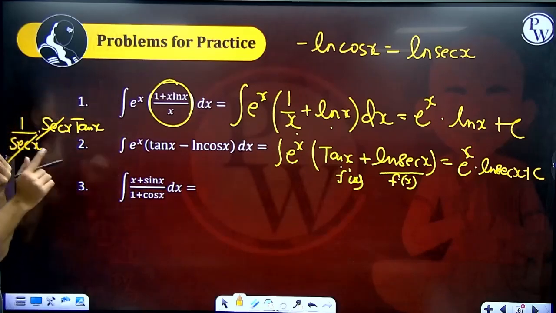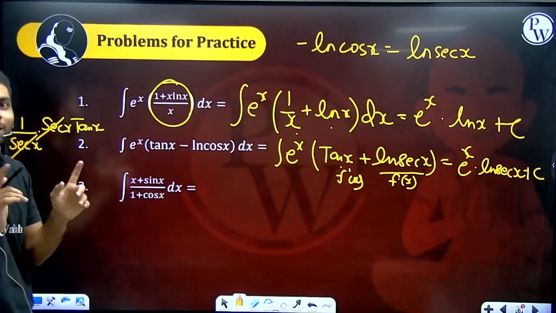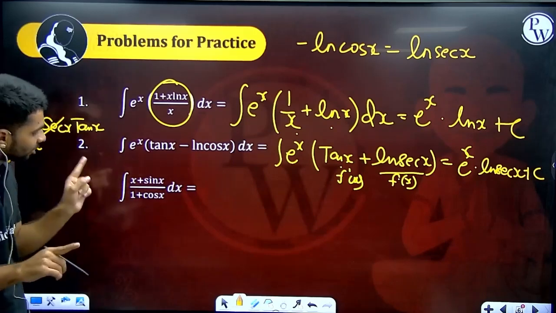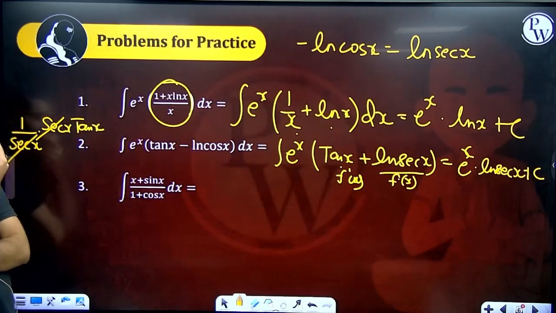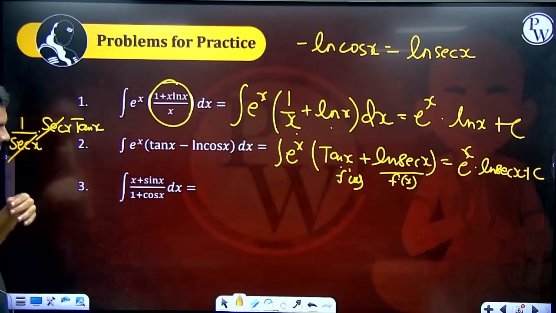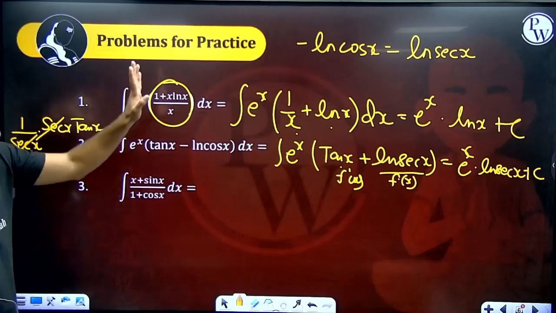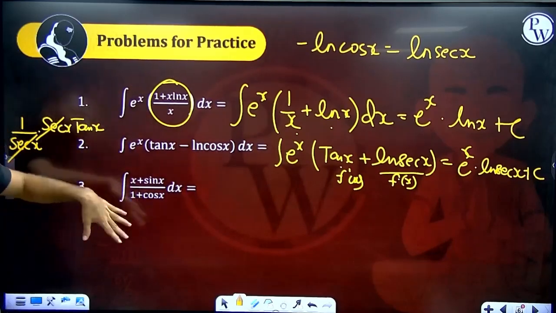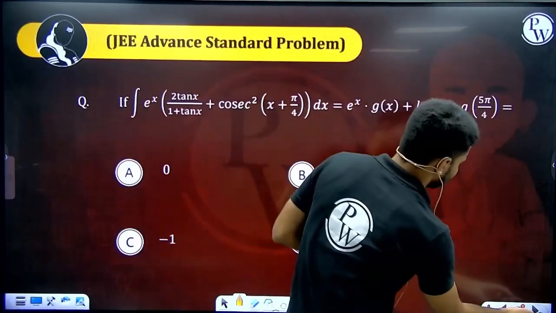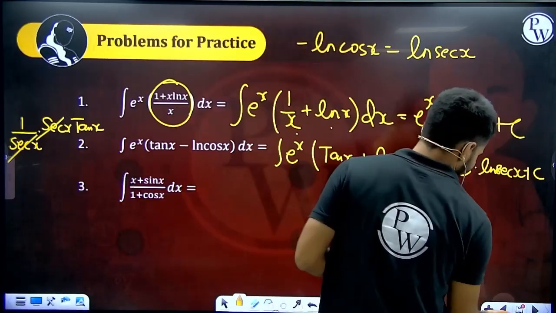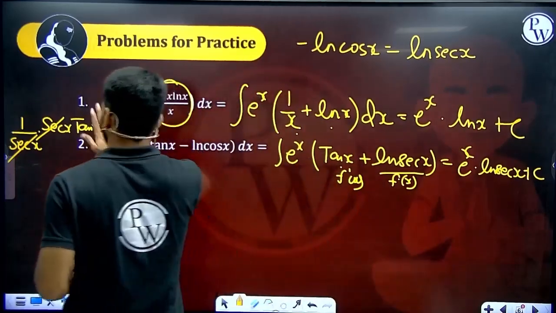And some trigonometric formulas are also needed, that's why I have rated it as moderate, because some formulas of trigonometry have to be applied here. Okay, one thing I am doing, I am erasing all of it, because this question will need space. Let me see if I have space. No, so I will have to erase it.